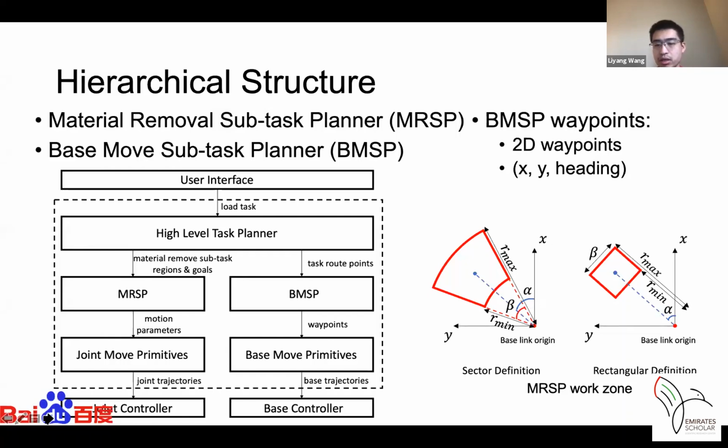The coordinate here is in a BaseLink frame. So from the BaseLink origin, we can see there's alpha, which is the swing angle. If alpha is 0, it means the swing angle of the excavator is 0, and then the beta angle is the range of the area. And we have R max and R min, which is the length of this area. So we have 4 parameters that can define a work zone for the MRSP.